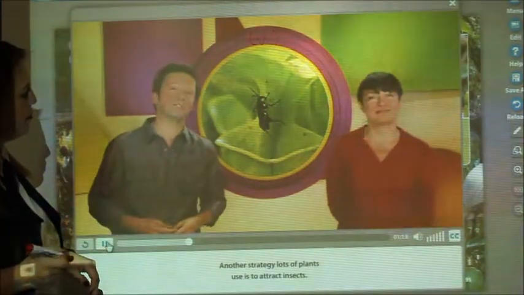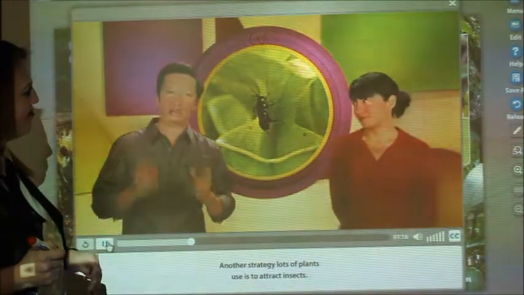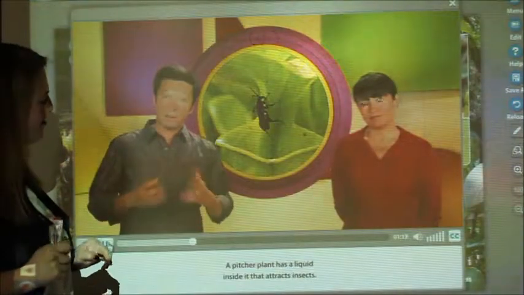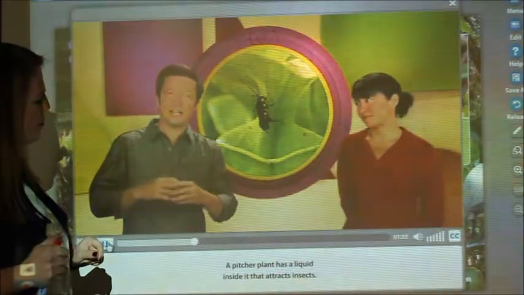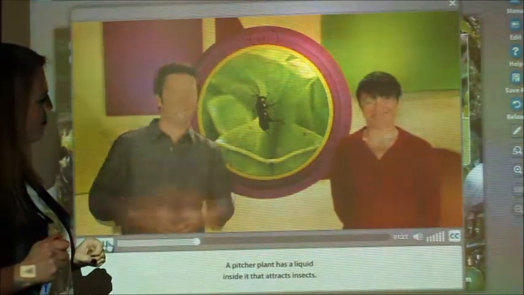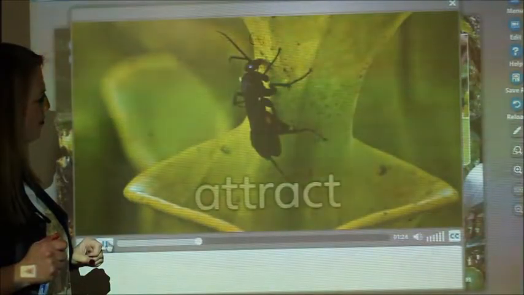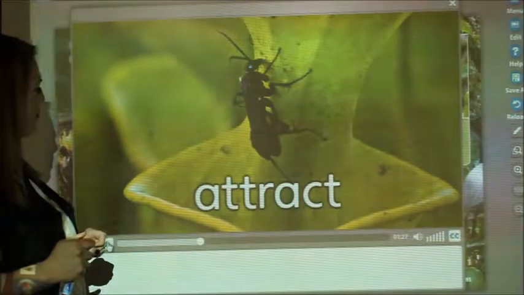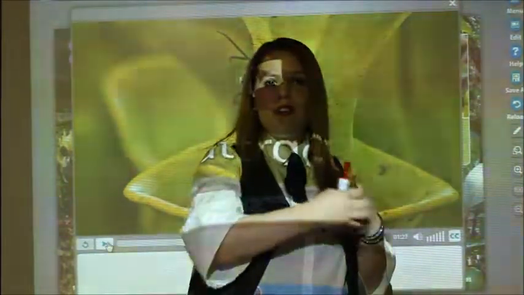Another strategy lots of plants use is to attract insects. A pitcher plant has a liquid inside it that attracts insects. Attract, it is your word, I think, for the teenagers, for the adolescent time. You always try to attract the boys or the girls.